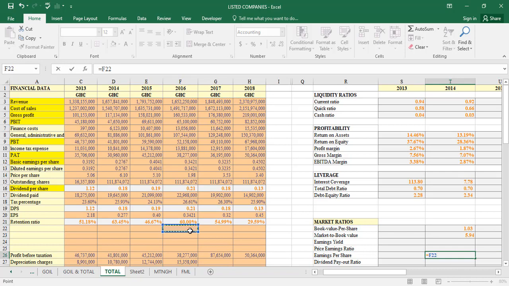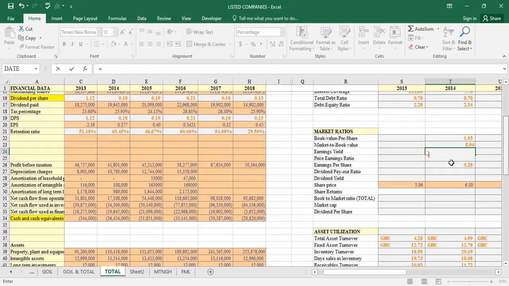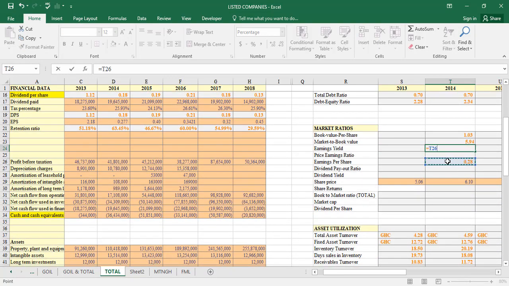That is their profit after tax over the total number of outstanding shares. So we have 2014 profit after tax is what we have here, divided by the total amount of outstanding shares. So this will help us to calculate our earnings yield, which is the earnings per share over the market price of the shares, times 100.